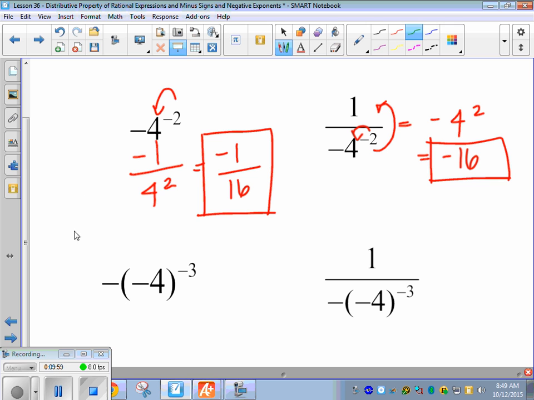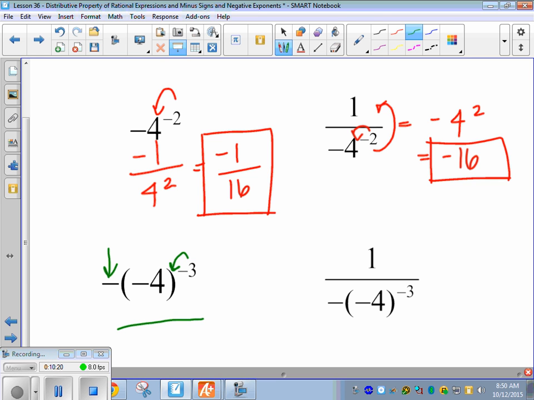These ones are a little bit trickier. So this one I have two negatives. One negative is outside of the parentheses. The other one is inside of the parentheses. So if I start by looking at this exponent, what's directly to the left of it is a parenthesis. So it's applied to everything that's inside of those parentheses.